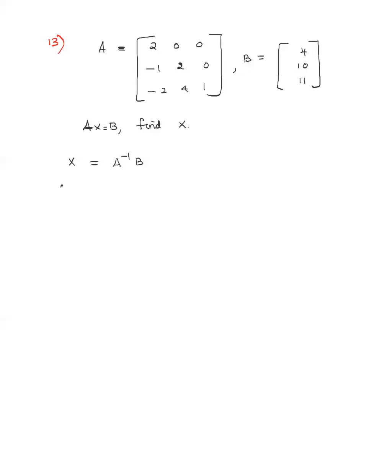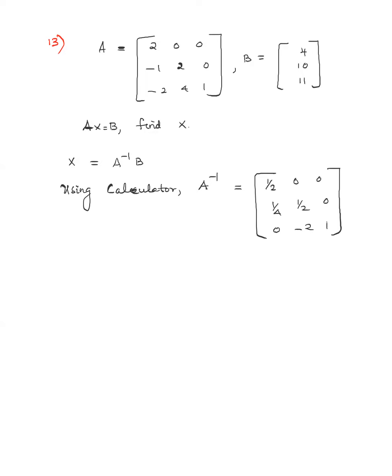If you use the calculator, I would encourage it, because we can use the calculator here, so we don't have to spend too much time in finding the inverse. We can find the inverse of A. You can pretty much do everything with your calculator: multiplication, inverse, addition, subtraction, everything.